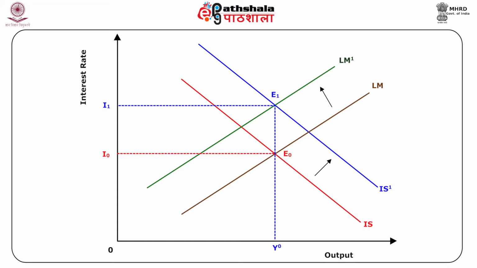As a result, the interest rate is expected to go up with no change in expected output and profits. Hence, you will find stock prices will go down in such a scenario. I am sure you can all see this diagram very clearly and understand the point we are trying to make, where the output remains the same at Y0, but the interest rate increases from I0 to I1.